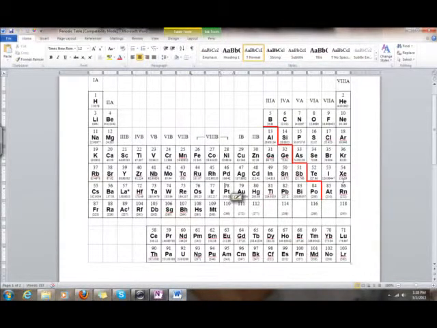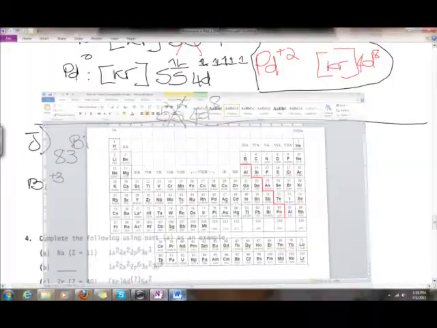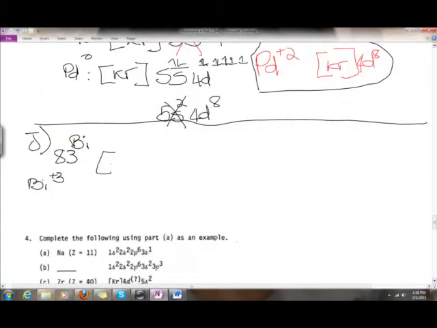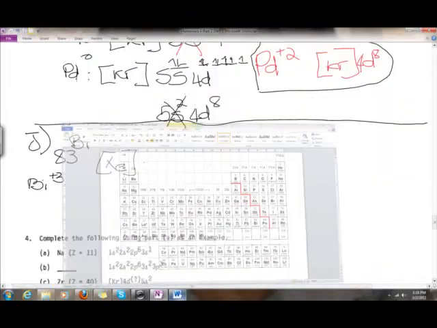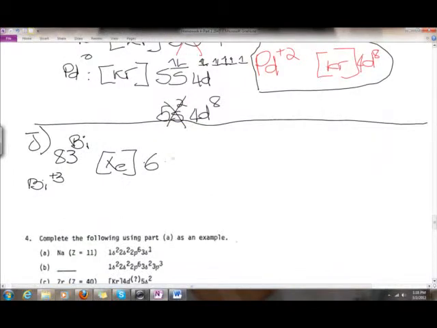But which level? The prior noble gas would be xenon. Then you go to xenon 1, 2, 3, 4, 5, 6s2.